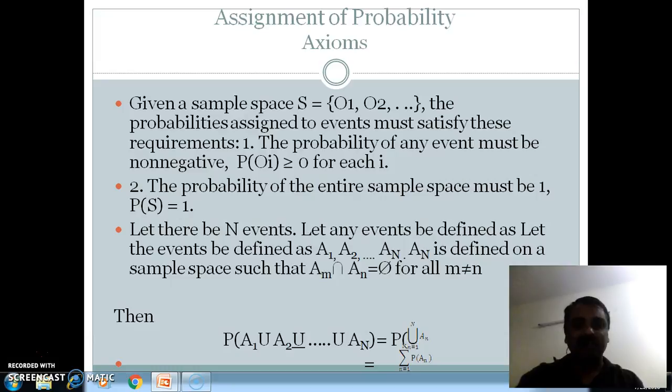Let there be N events. Let the events be defined as A1, A2, and so on up to AN. Let all these events be mutually exclusive or disjoint. In that case, Am intersection An is equal to a null set for all m not equal to n.